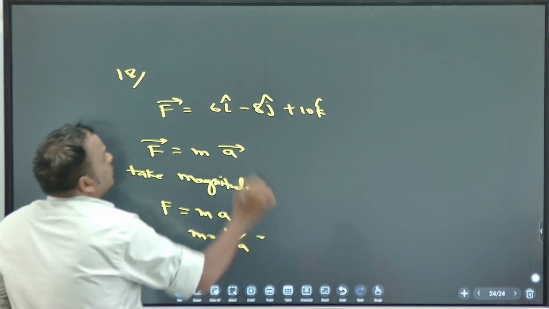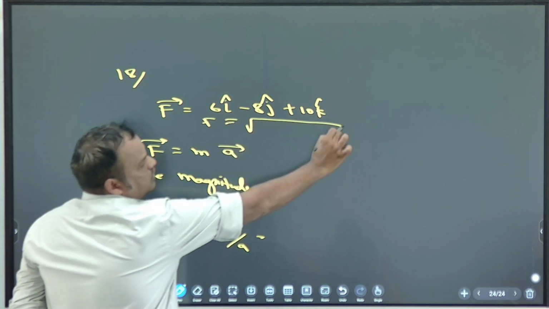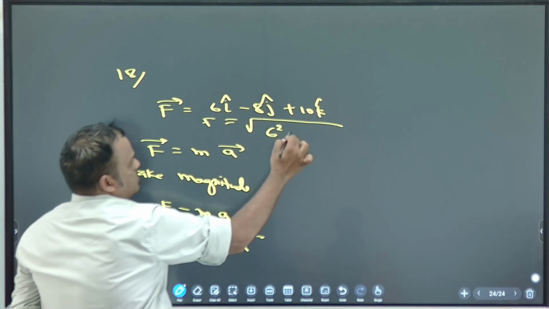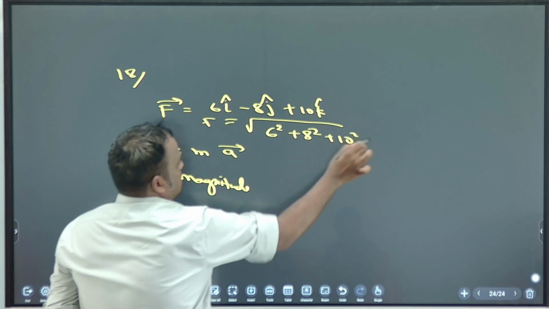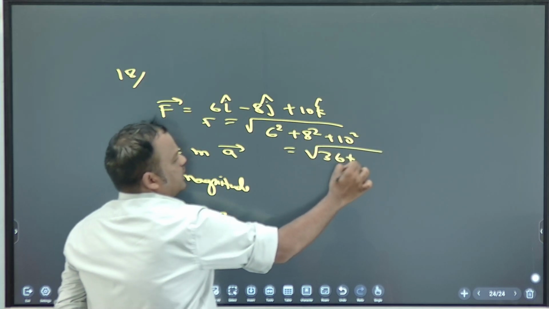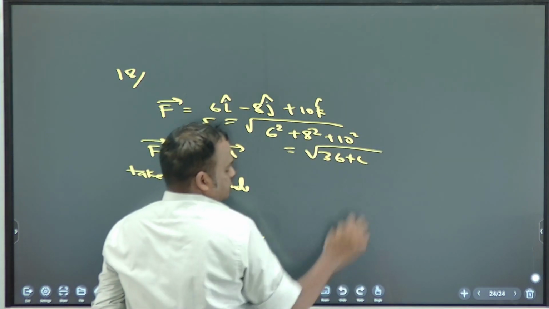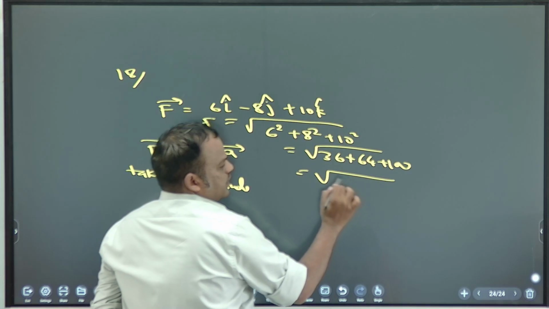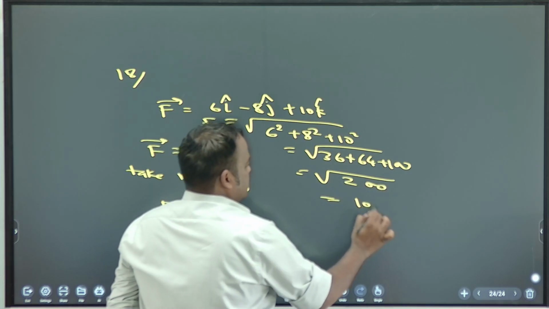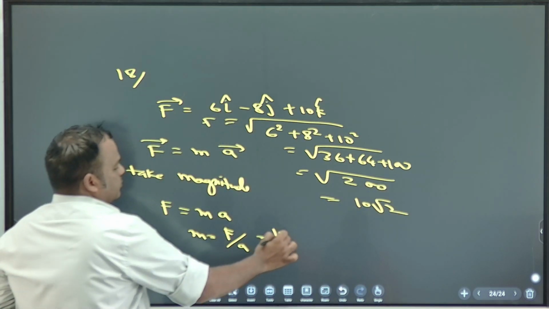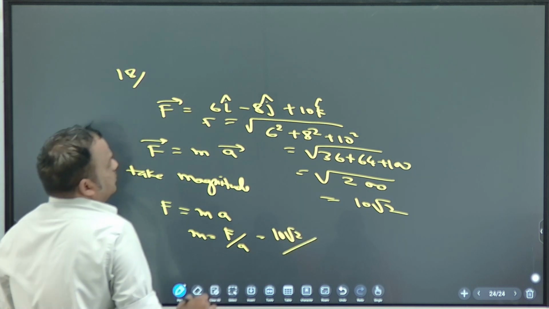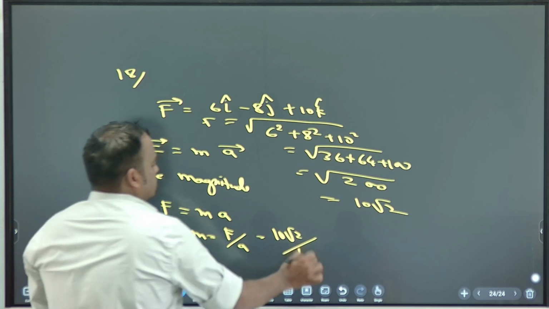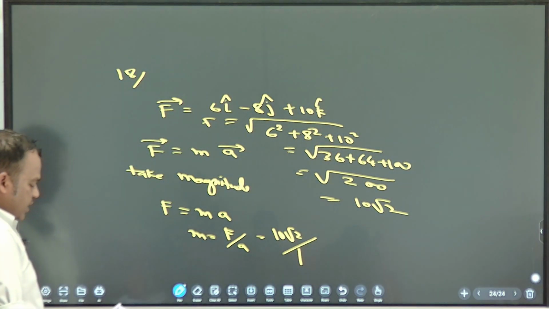F by a. What is the magnitude of F? Square root of 6 square plus 8 square plus 10 square. 6 square is 36, 8 square is 64, plus 100. 64 plus 36 plus 100, how much? 200. So the answer is 10 root 2, divided by a. A is 1. So mass is 10 root 2 kg.